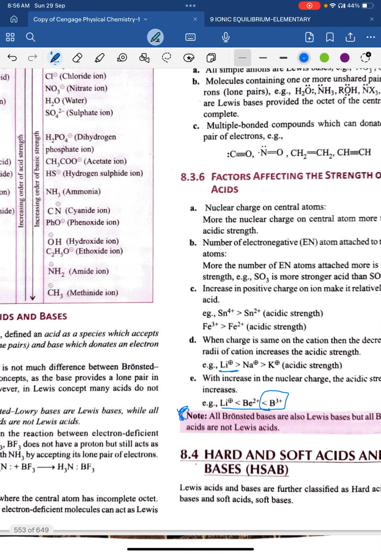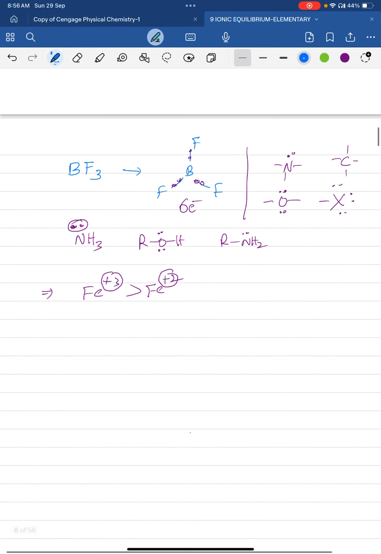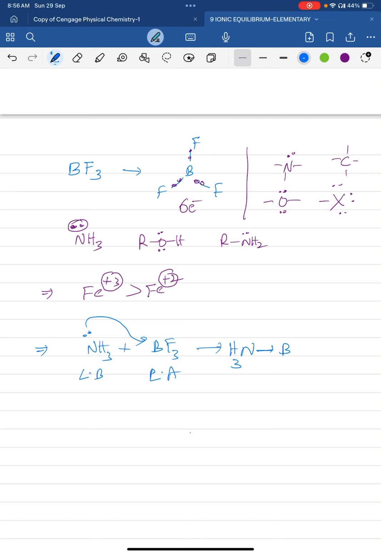So what is neutralization according to Lewis acid-base theory? Neutralization is coordinate covalent bond formation. For example, NH3 is the Lewis base plus BF3, the Lewis acid. Now BF3 is electron deficient, so the lone pair is donated to boron. It is called a dative bond or coordinate covalent bond.